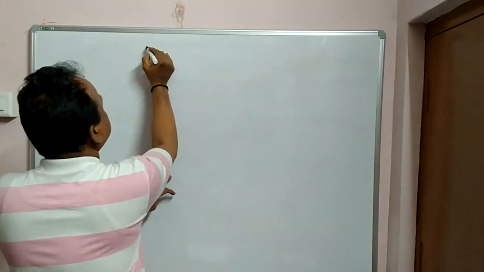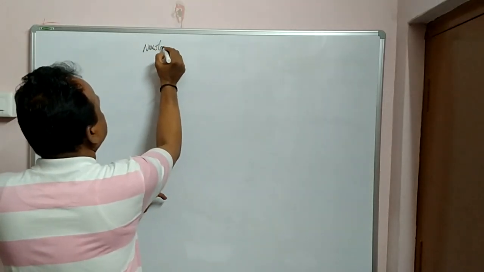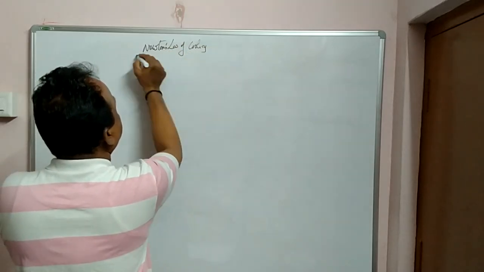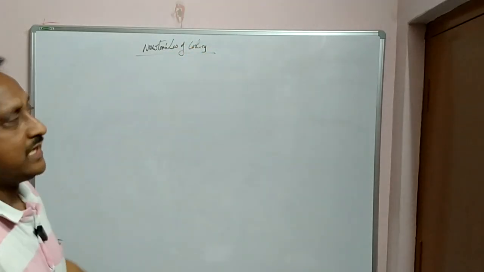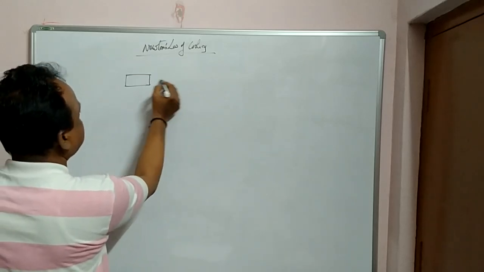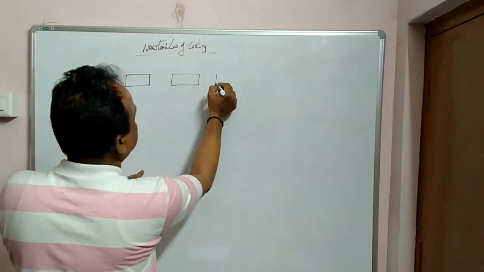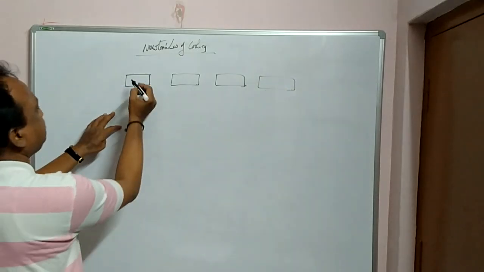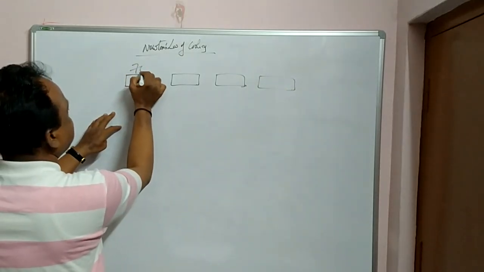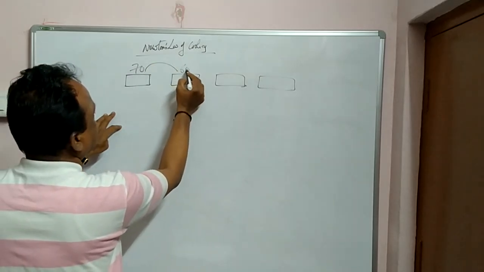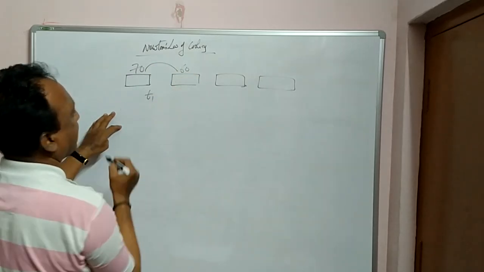Newton's law of cooling. Very, very important question. For example, you have different bodies. Suppose the temperature is 70. It has reduced to 60 in time T1.